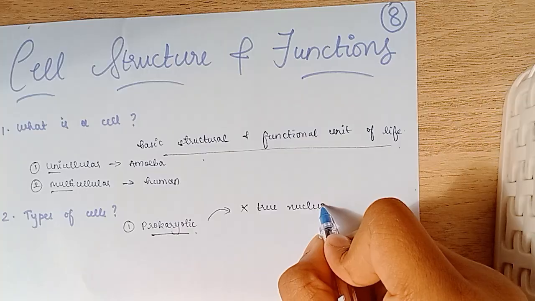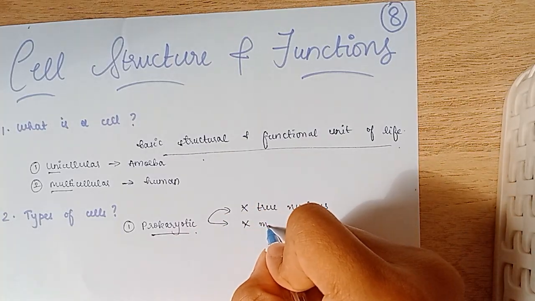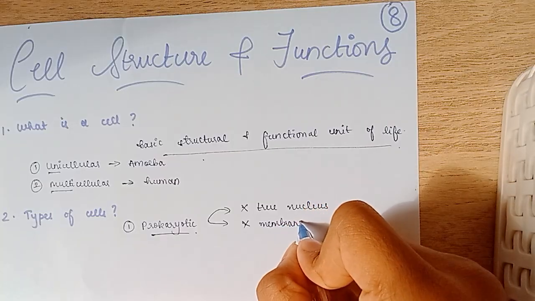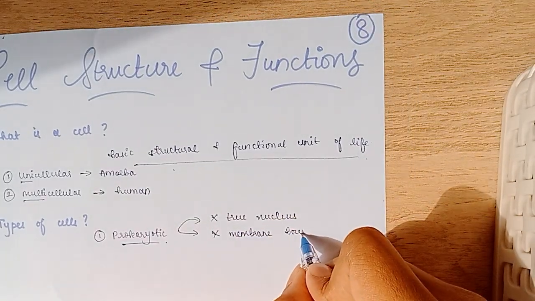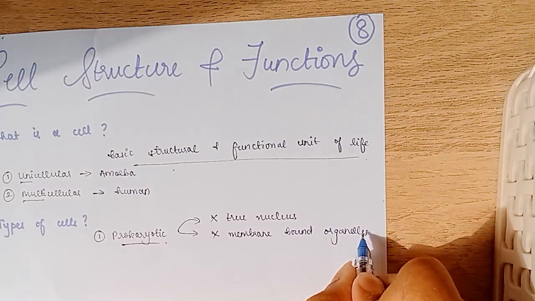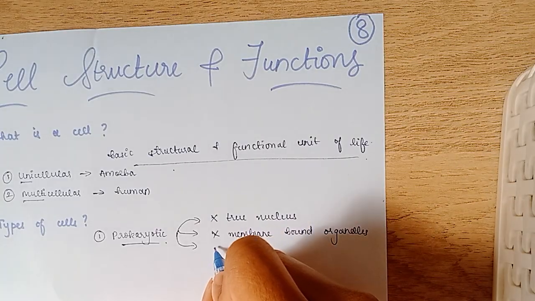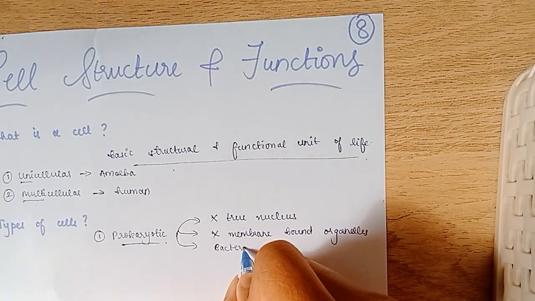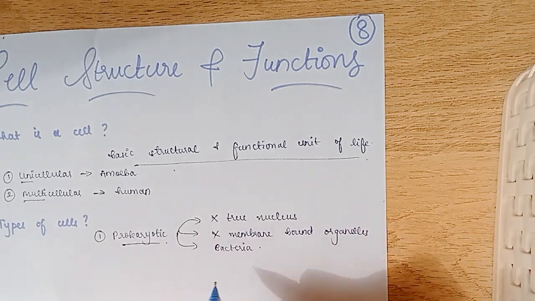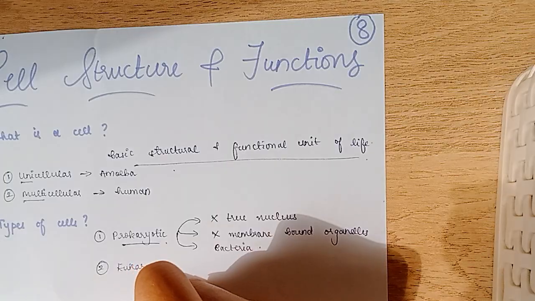They have no true nucleus, and they have no membrane-bound organelles, or they do not have any organelles that are inside of a membrane. For example, we have bacteria as a prokaryotic cell example.